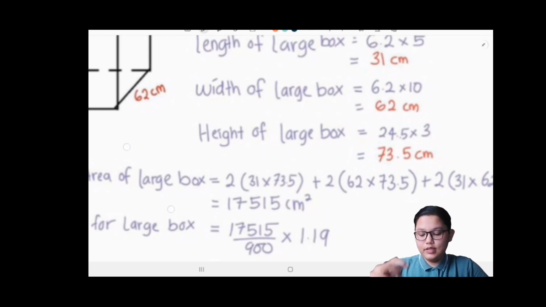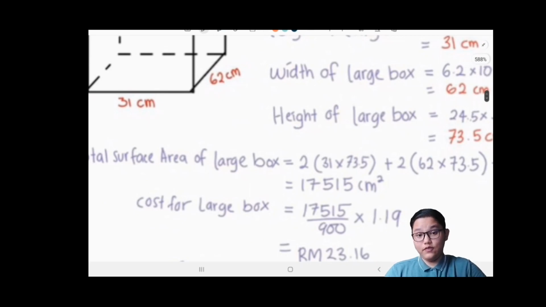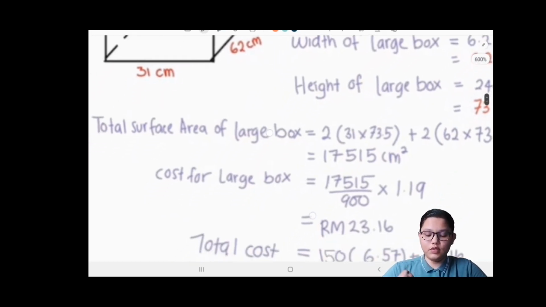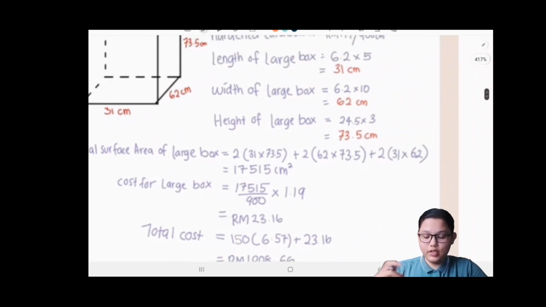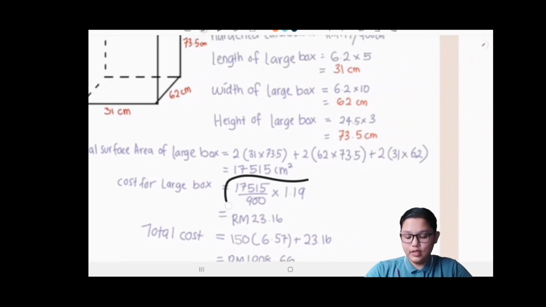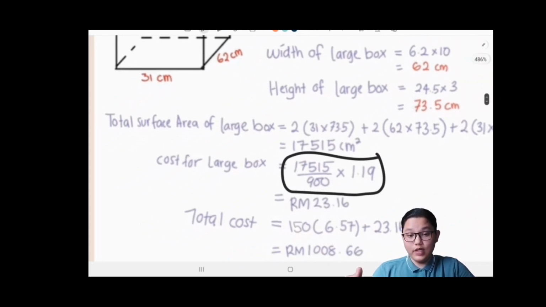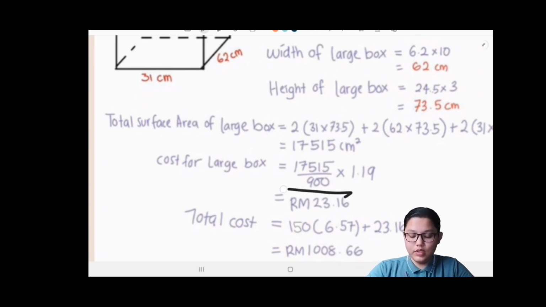After we got the surface area, we can now calculate the cost for the large box. All we need to do is the same, which is divide it by 900 and then multiply it by 1.19, so that we can find the cost for the large box. Hence we find that the cost for the large box is 23 ringgit and 16 cents.